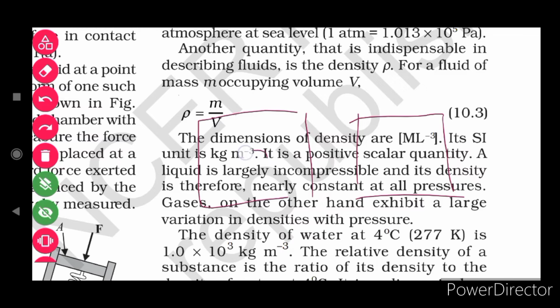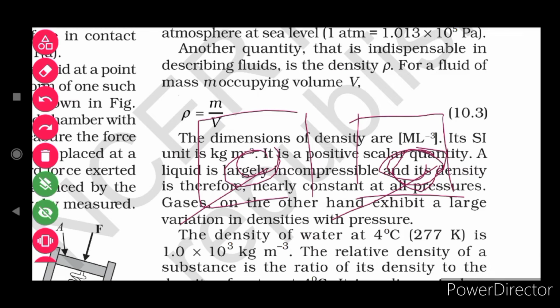I'll take a unit volume of each and measure their masses. I'll find that the mass of the iron is more. Iron has more density, so the mass of a unit volume of iron will be more, and the mass of a unit volume of copper will be less. So we have given that a name, density.